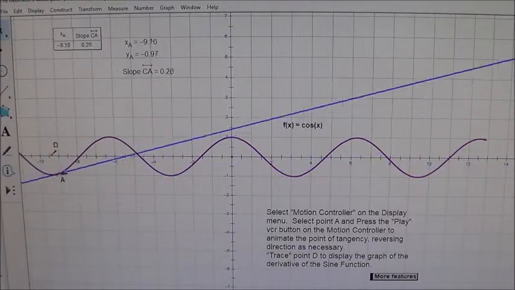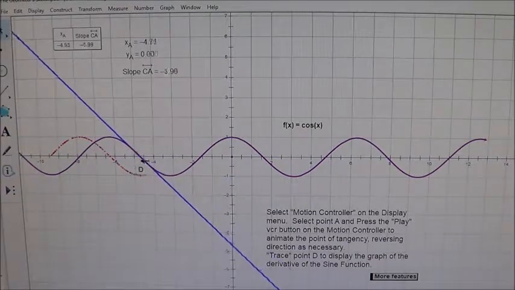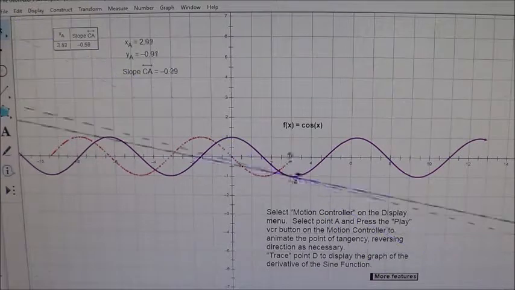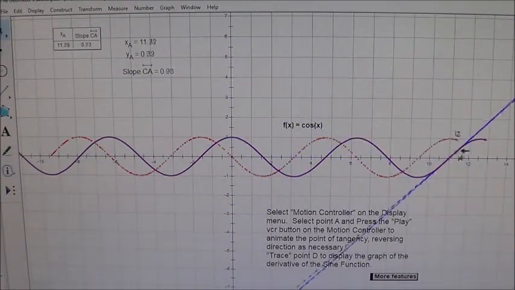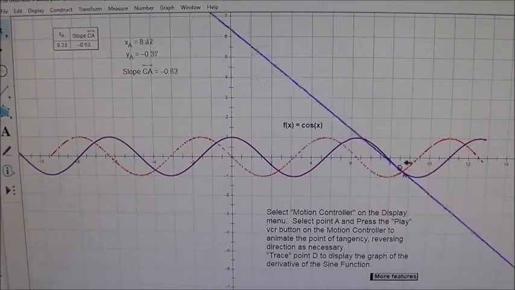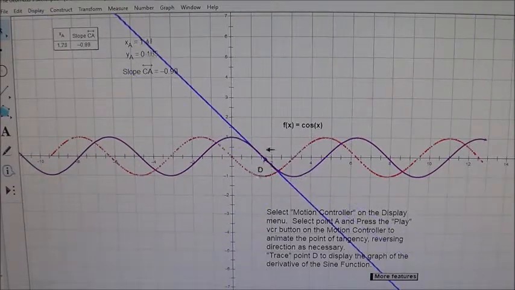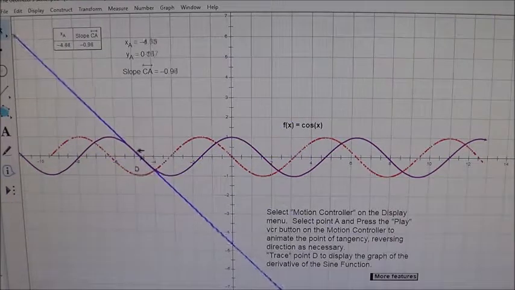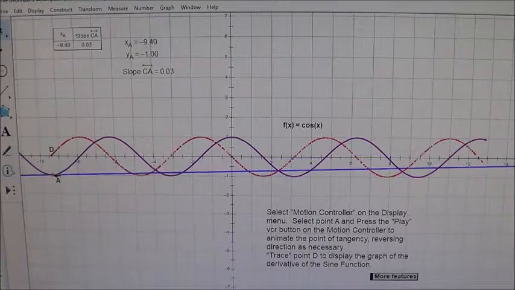If I trace out along point A, all the way along for this y equals cosine curve, what do you notice about the graph of the red function? What does that red function look like, which is the derivative function of the main function we're looking at, cosine theta? What does that red graph look like?